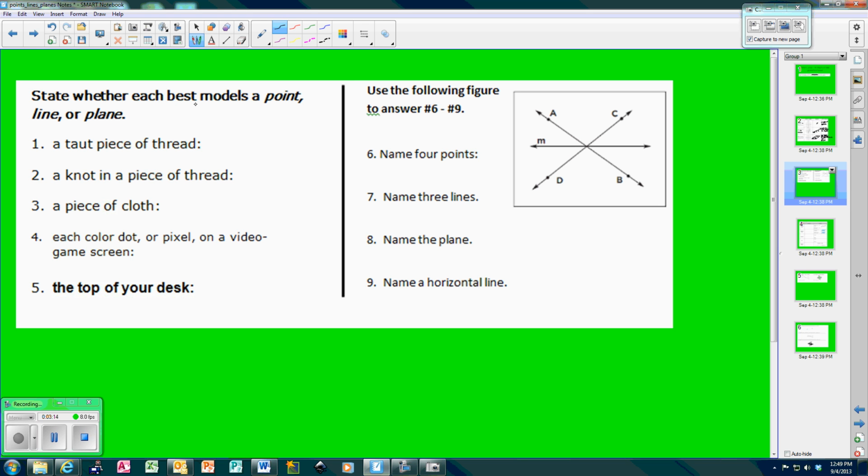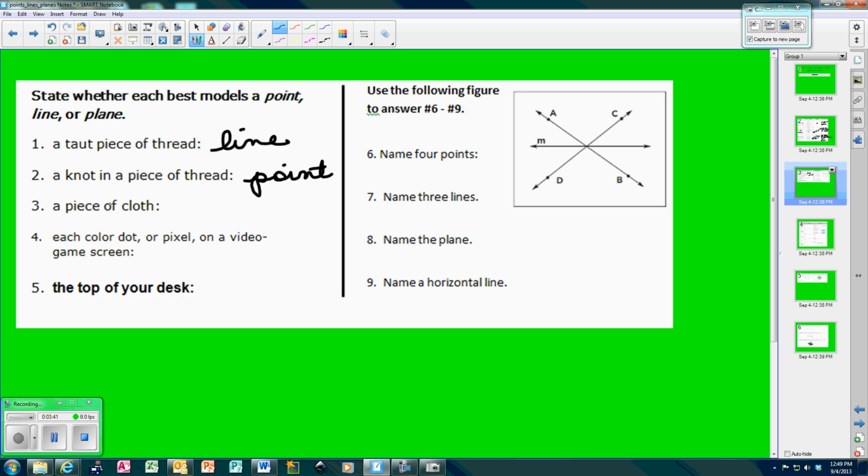State whether each best models a point, a line, or a plane. A taut piece of thread. For example, if you take a piece of thread and you stretch it real tight, what does that represent? It represents a line. What about a knot that's tied in that? Well, that's going to look more like a point because it's an actual knot on the line.